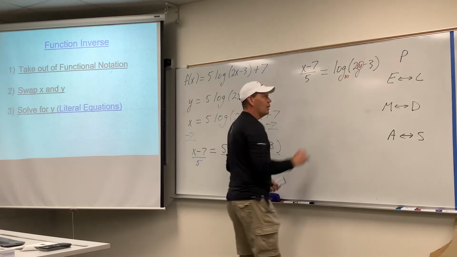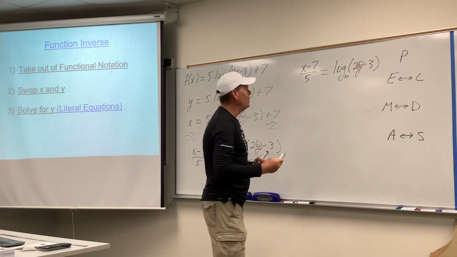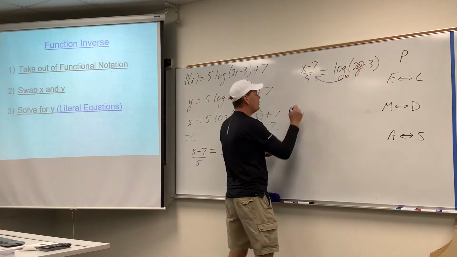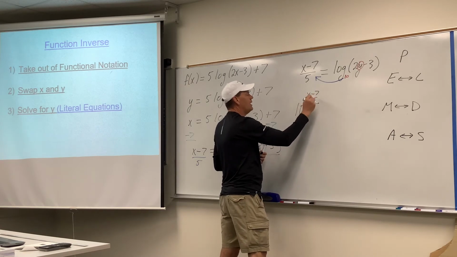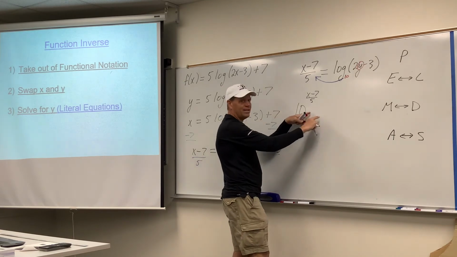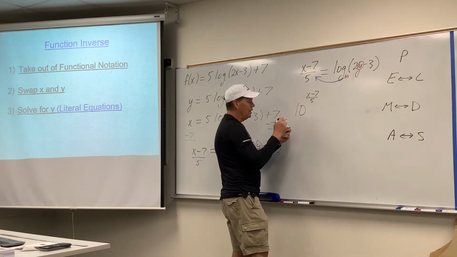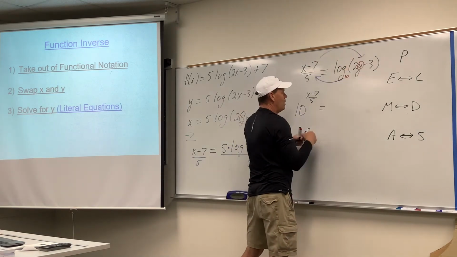And so again, how do you get rid of a log? You burn it! How do you get rid of a logarithm? Exponential. So that would be 10 raised to this power. I know this looks weird, but put that entire fraction up in the air. Make it a power. It's not next to the 10. If it was on the ground next to the 10, that would be multiplication. This is 10 to that power, and it would equal the 2y minus 3.